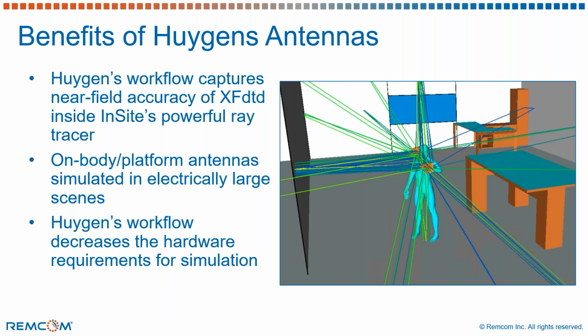It also allows for on-body platform antennas to be simulated for an electrically large scene, for example. Projects that would be too large to run in a full wave solver, you can now run using ray tracing. This decreases the hardware requirements for the simulation and also reduces the run times.